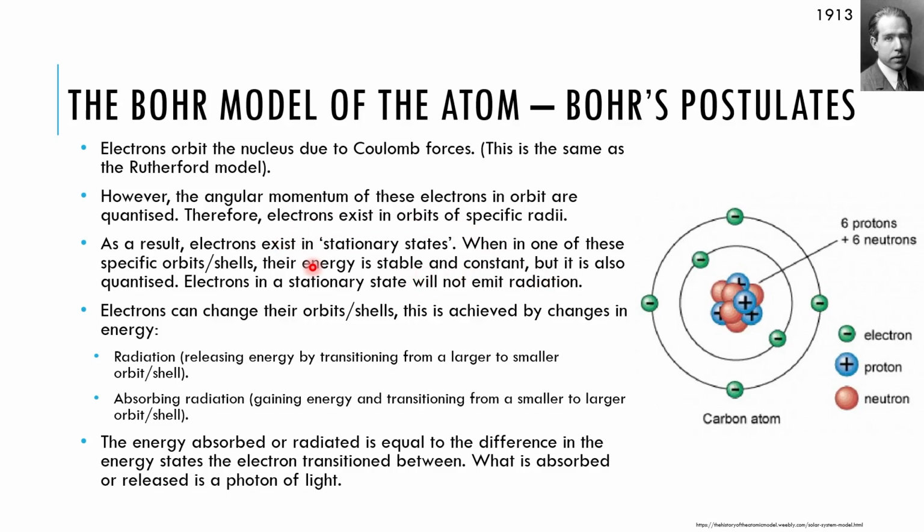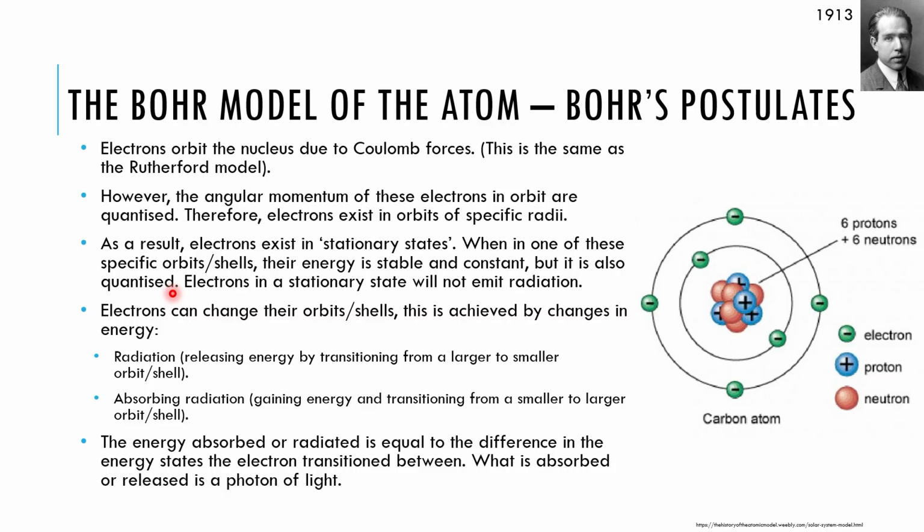What he suggested was that in these stationary states, the energy of the electrons was stable and constant. In other words, they were able to orbit around the nucleus without any energy changes which would lead to the emission of radiation. Effectively, this concept accounted for the idea that an atom at rest also had electrons that weren't continuously changing their energy levels.